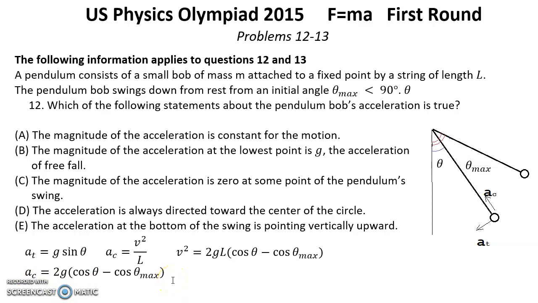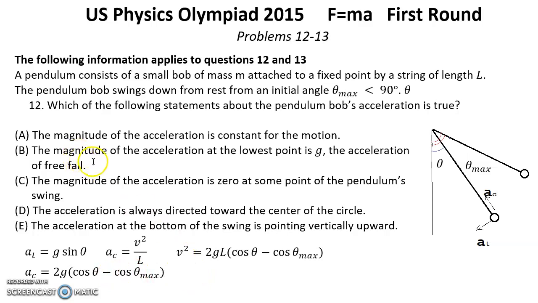Now let's evaluate all the statements here. A. The magnitude of the acceleration is constant for the motion. As we can see, it's not constant. It's decreasing for tangential and increasing for centripetal. And the total is the square root of a_t square plus a_c square, which is not constant either.